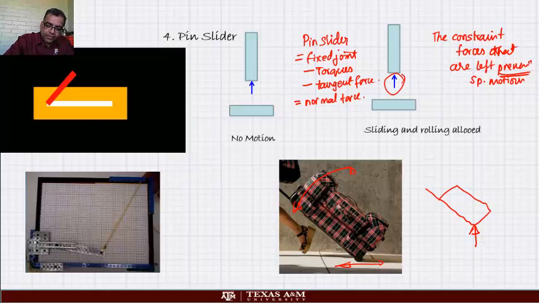That's this guy, and then there will be gravity, right? And there will be somebody who is pulling it. This is the motive force. This is motive, and this is constraint.